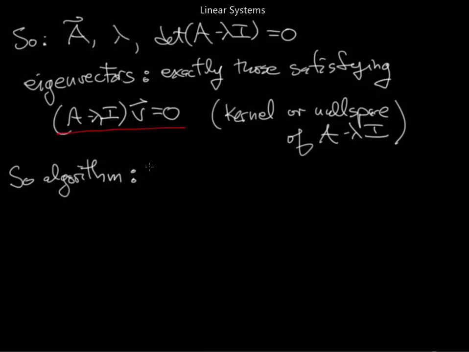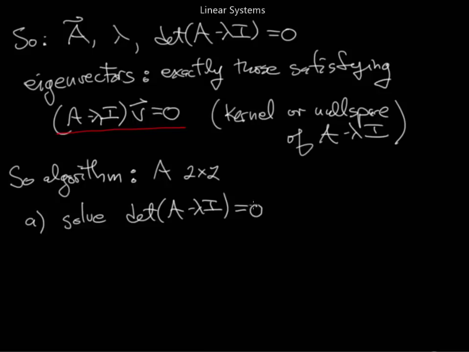So here's an algorithm for finding the eigenpairs. Everything I just said is for an n by n matrix, but now let's specialize to the 2 by 2. You look at this equation, determinant of A minus lambda I is equal to 0, and you solve this for lambda. Now, for each lambda, you know that there's a vector which satisfies this.